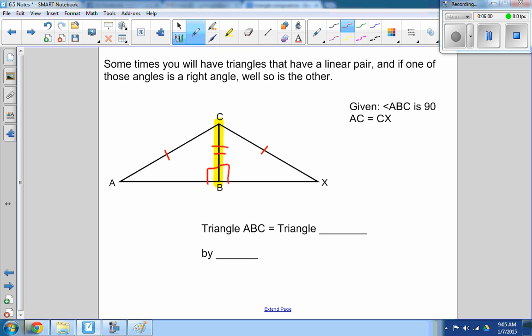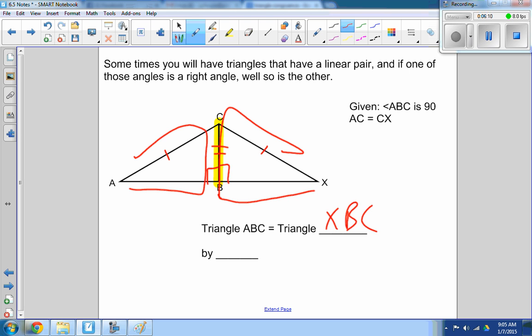So I can say triangle ABC is congruent to triangle XDC by hypotenuse leg. Now, just because it's a right triangle doesn't mean it has to be hypotenuse leg. We can prove right triangles using any of the other four properties. But hypotenuse leg only works when you have a right triangle.